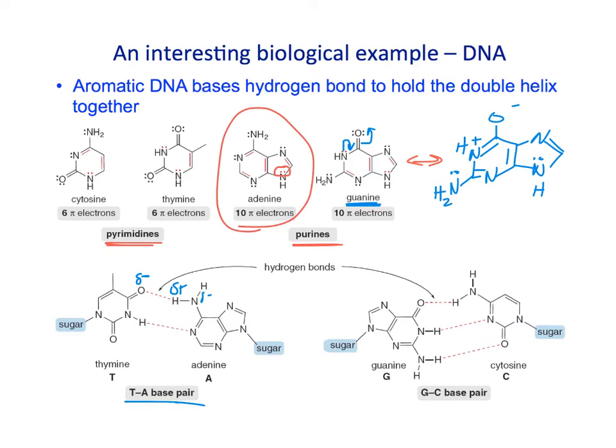So we have a delta plus on the hydrogen, delta minus on the oxygen in this case. Again here, delta plus on this hydrogen, delta minus on the nitrogen. The nitrogen has a pair of electrons. Okay, so thymine and adenine make 2 hydrogen bonds.